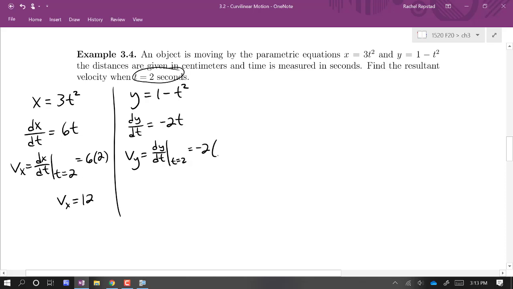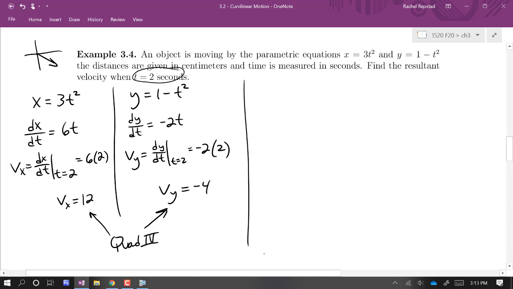So that's negative 2 times 2, or negative 4. Now look, the x component is positive and the y component is negative. That happens in quadrant 4. I'm making a note of the quadrant because that's going to affect my angle.